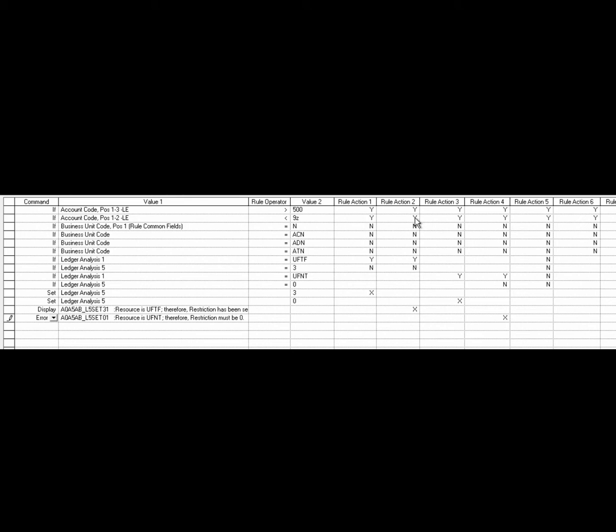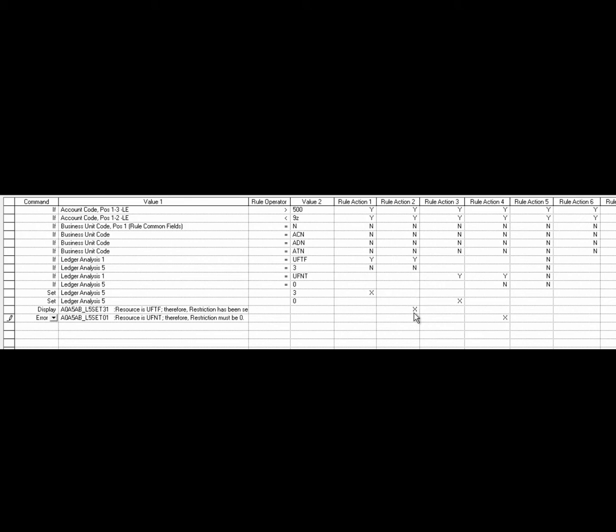So if it's not any of these business units, then we go down here to Ledger Analysis 1, L1, that's resource. So it is resource tithe funds. Unallocated tithe fund is Y, and restriction is not 3. Own revenue and expense accounts, not the transfer account, not these business units. If it's UFTF, it should be restriction 3, but it is not.